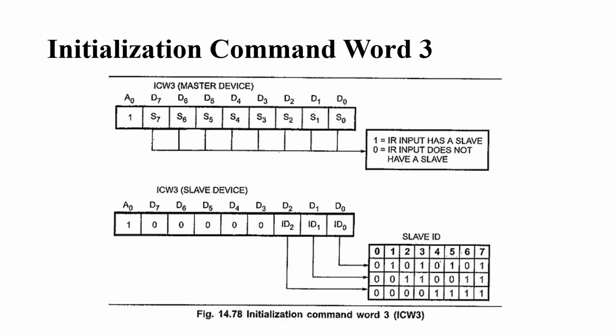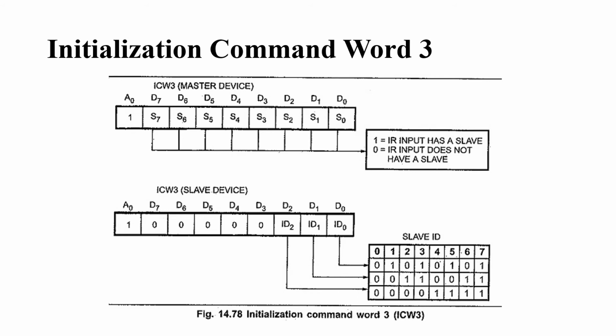This is the initialization command word 3 of Programmable Interrupt Controller, in short PIC 8259. For master 8259, initialization command word 3 is programmed to inform whether slaves are connected to the master or not.